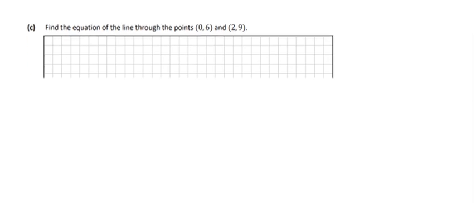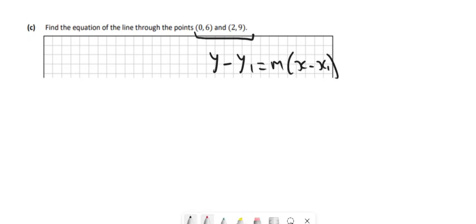Then we have to find the equation of the line through those points. So to get the equation of a line, we're going to use this formula. But to fill into this formula, we have to fill in for y1, for x1, and for m. But we don't have an m here yet, so therefore we have to find the slope first. So m is equal to, we use this formula then first, so we go off separately and do this.